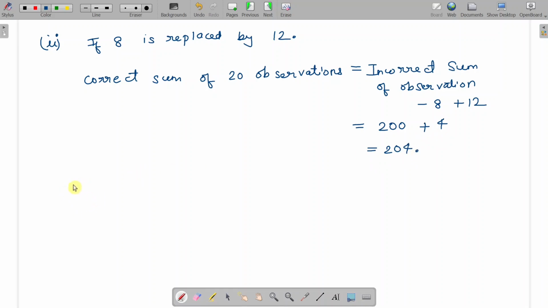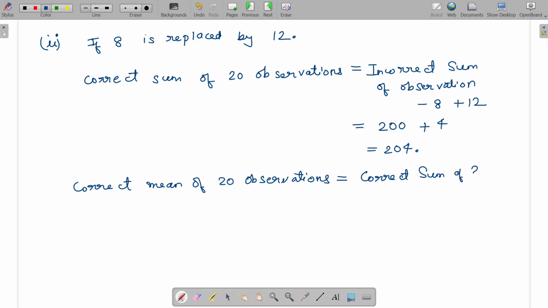Now we can find the correct mean. So the correct mean of 20 observations is equal to the correct sum of 20 observations divided by 20.